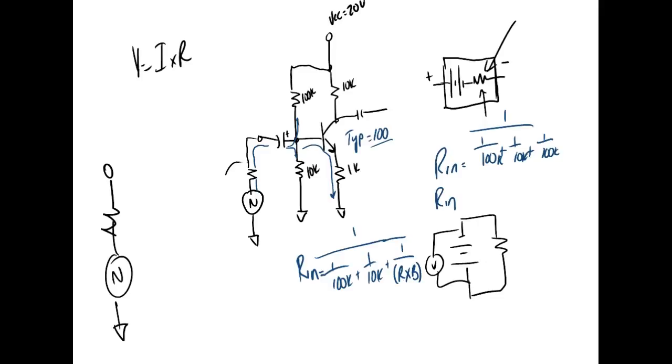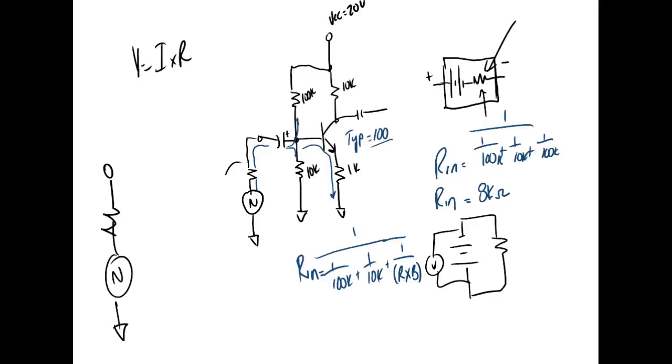So I've got 8,333.33 ohms, or around 8K. We okay? And we knew it's got to be smaller than this guy right here, but you got these 200Ks in there.